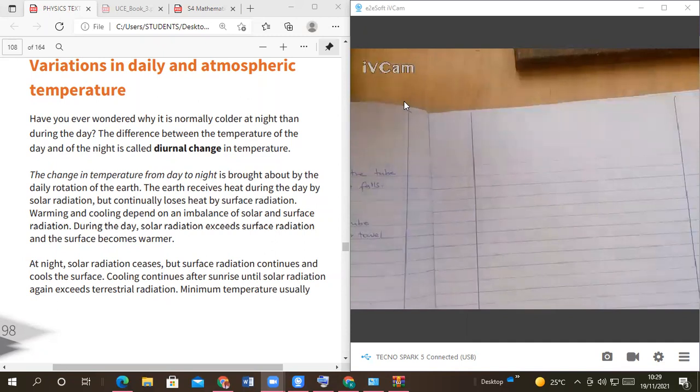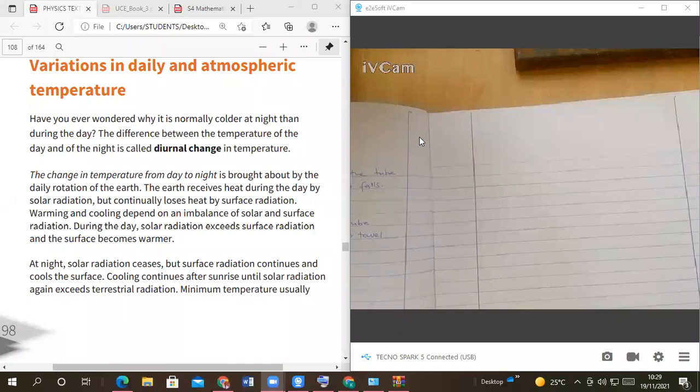This is what we call the surface radiation from the land that continues, and it cools the surface. So during night hours, the land loses more heat and it becomes very cold.